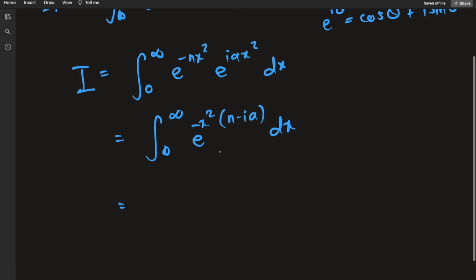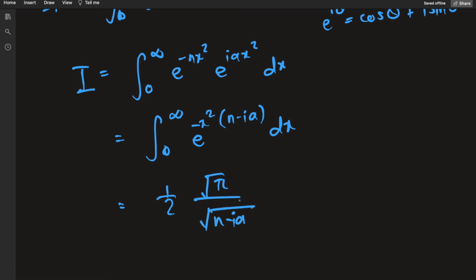So we can use the properties of the general Gaussian integral and write the final answer for this. It's going to be half square root pi divided by square root of n minus ia.